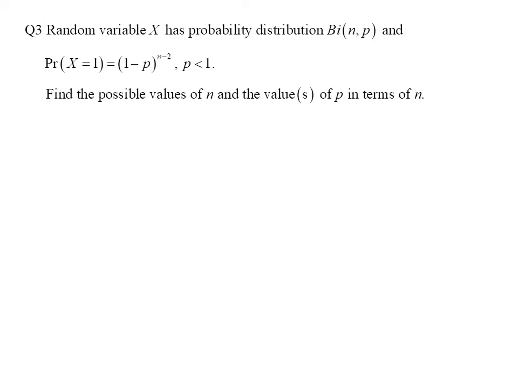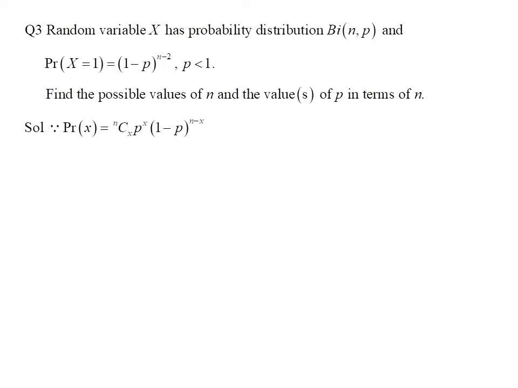According to the given information in question 3, the distribution of the random variable X is a binomial distribution. So the formula of the probability of achieving x successes in n independent trials can be expressed here.